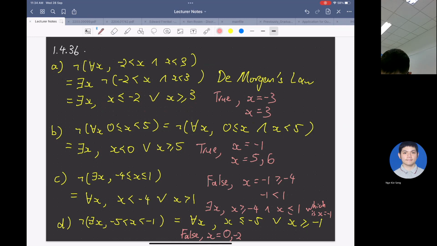So let me try -2. -2 is greater than or equal to -5, and -2 is less than -1. Yes. So there is an x, x equal to -2, such that x is greater than -5 and less than -1. Everyone follows? Okay, next.